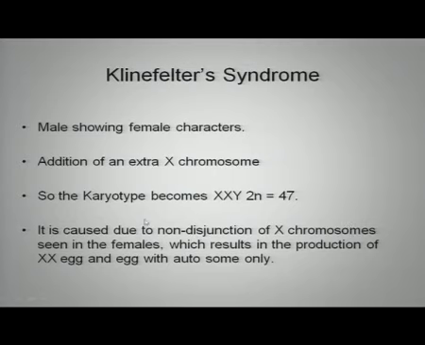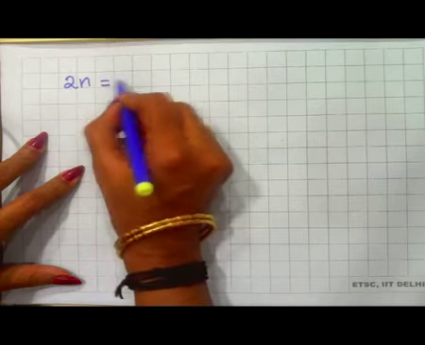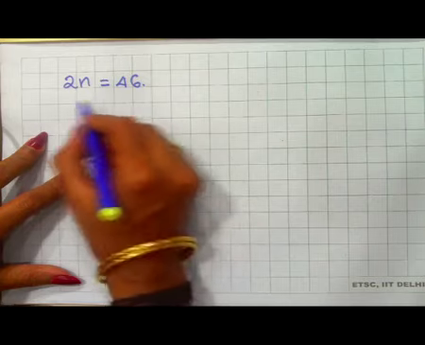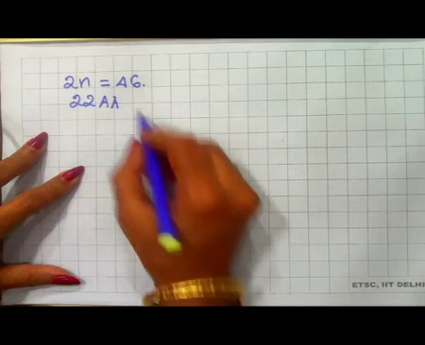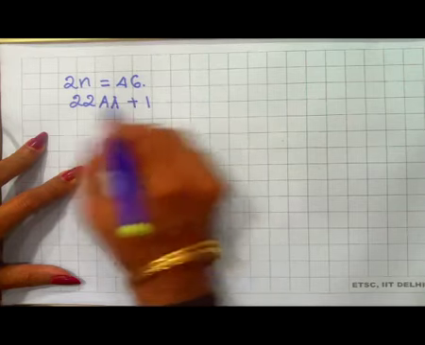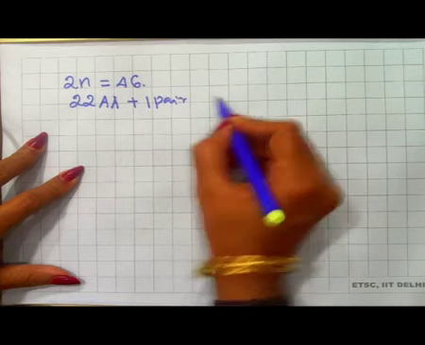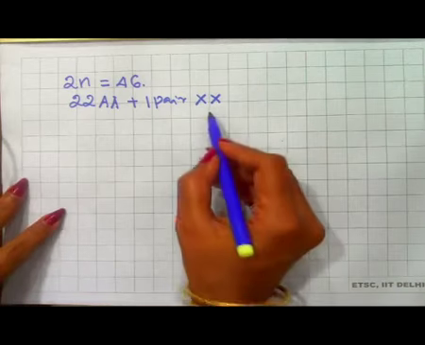So I will show you the case here. 2n is equal to 46 chromosomes, that is 22 autosomes plus 1 pair XX chromosome in the case of female.